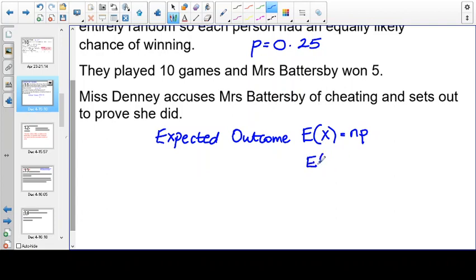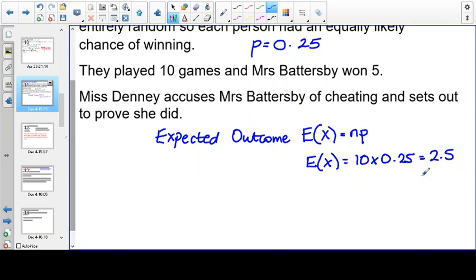So in this case, the expected number of wins is going to be 10 times 0.25, which is 2.5. So Miss Denny has calculated this and realised that I should have won 2 or 3 games. Obviously, I can't win 2.5 games. So because I've won more than my fair share, Miss Denny thinks that I've cheated.